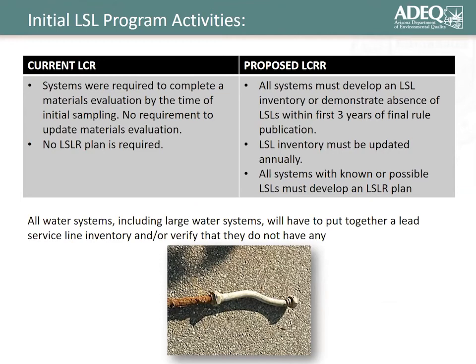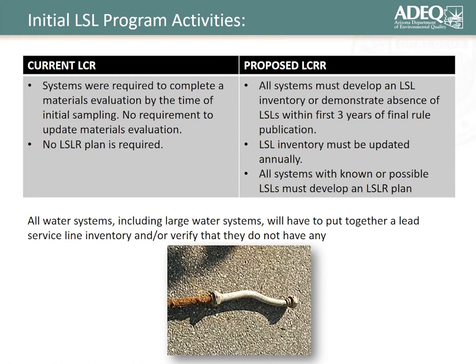For the most part in Arizona, I feel pretty safe to say a lot of our lead issues come from different lead components, such as goosenecks, solder fittings, brass and bronze fittings, faucets, and those sorts of aspects. But systems that do have lead service lines have to identify their complete inventory within the first 3 years of the rule becoming final.